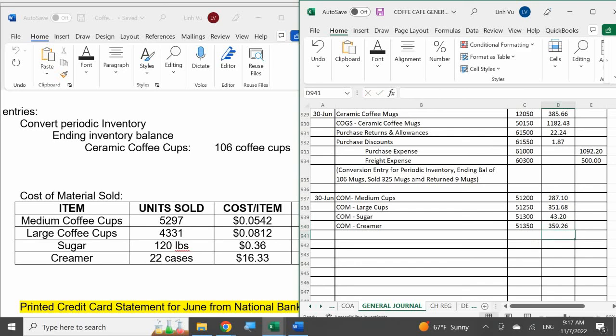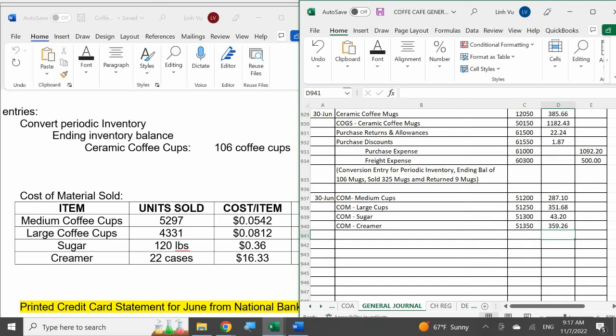Okay. Now that I'm representing this cost of materials, where am I taking them out from? Not inventory. You're going to go into your ledger, that will be afterwards, but what account am I taking these out from?